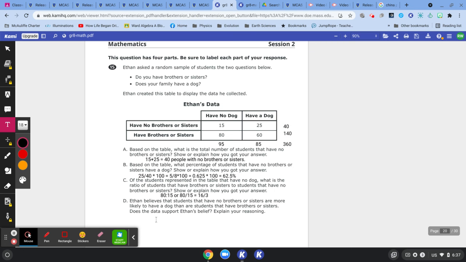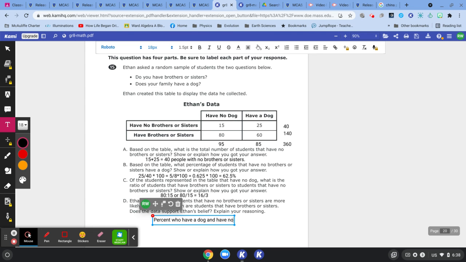Okay, so we're going to go ahead and do this. Percent who have a dog and have no brothers or sisters. That's going to be the percent who have a dog and have no brothers and sisters.